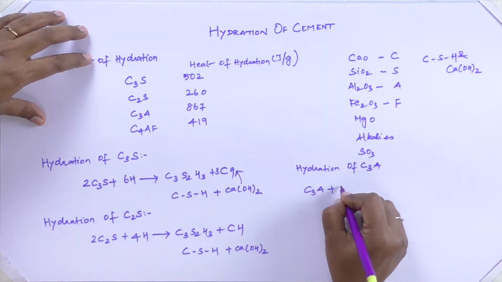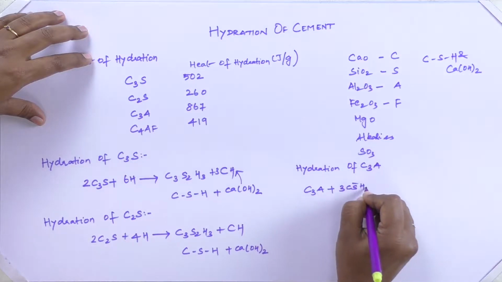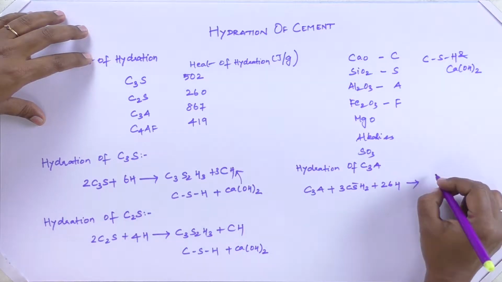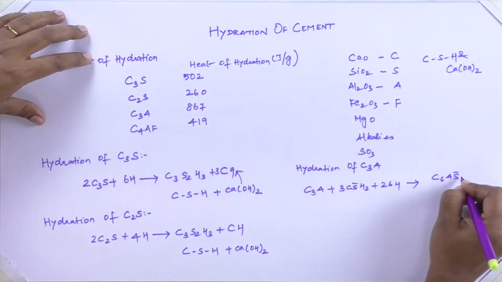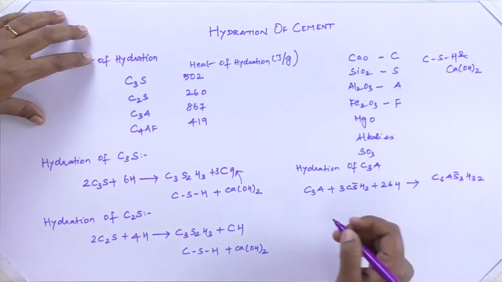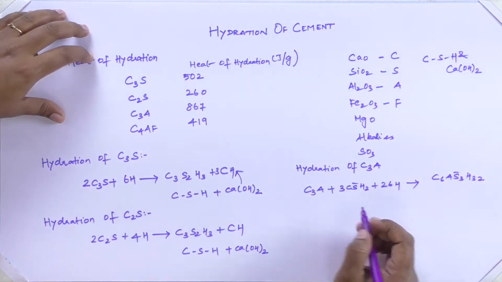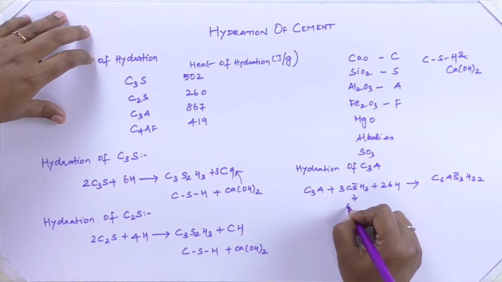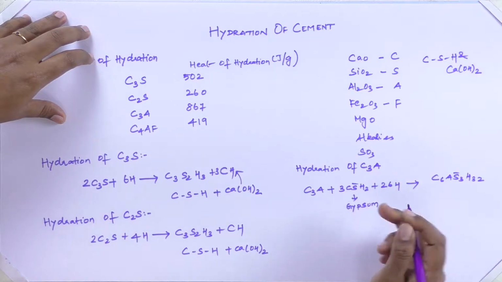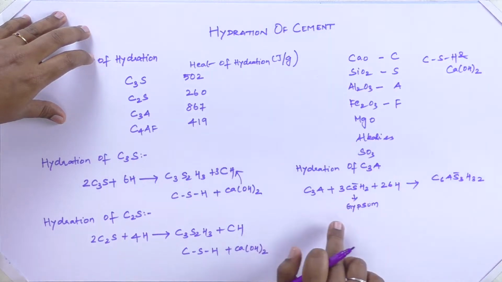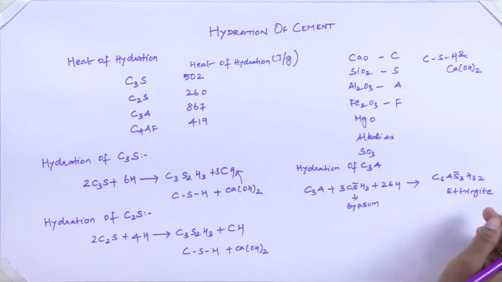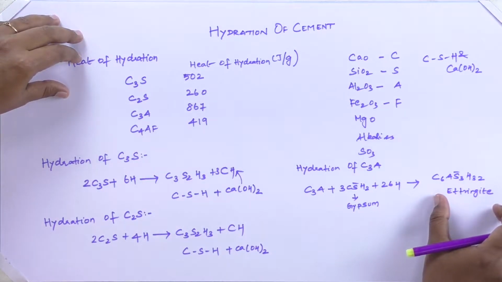C3A reacts with gypsum, and when C3A reacts with gypsum in the presence of water, it forms a compound called ettringite, and this ettringite is not a stable compound.